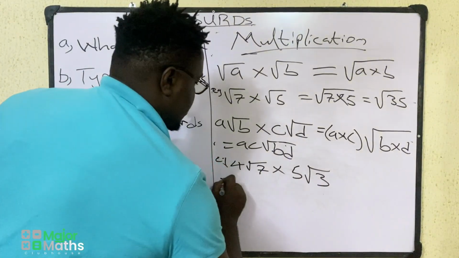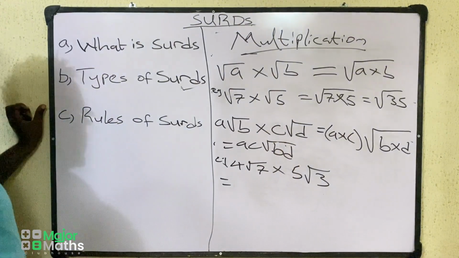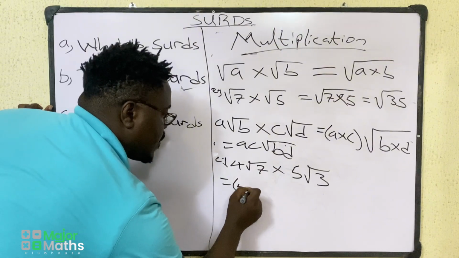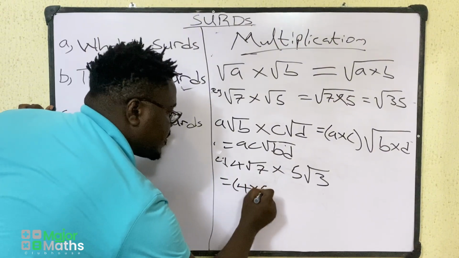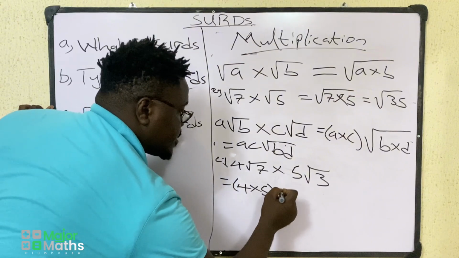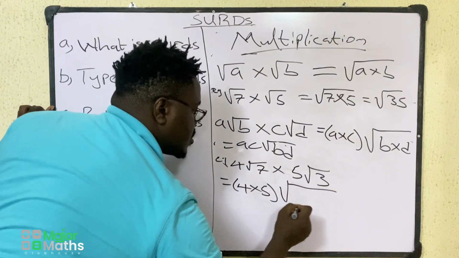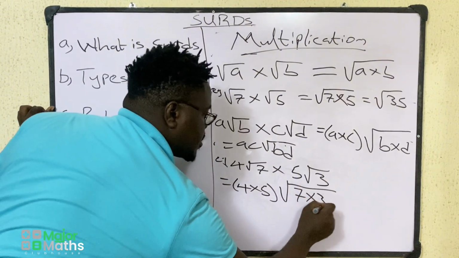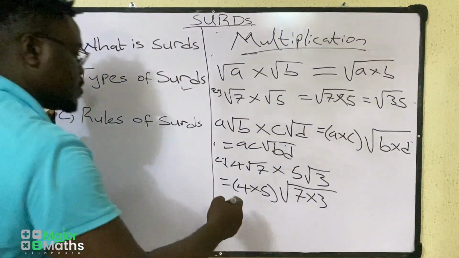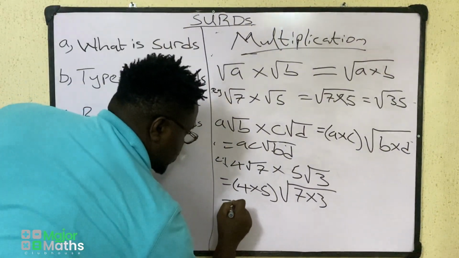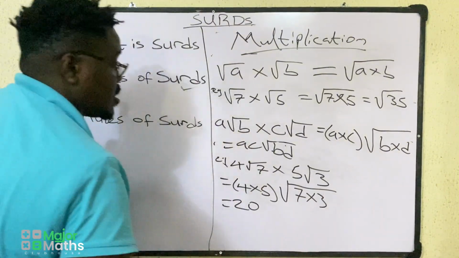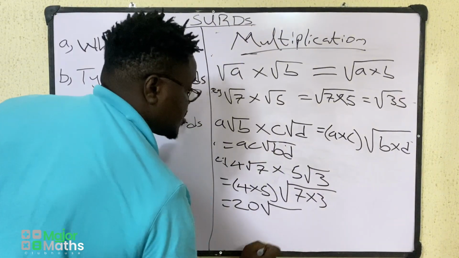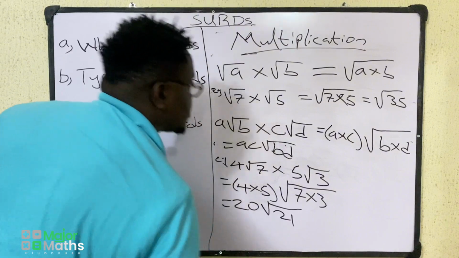So this gives you what? Following this rule, we'll say 4 times 5 in brackets, root 7 times 3. So 4 times 5 is what? 20. Root 7 times 3 is what? 21.